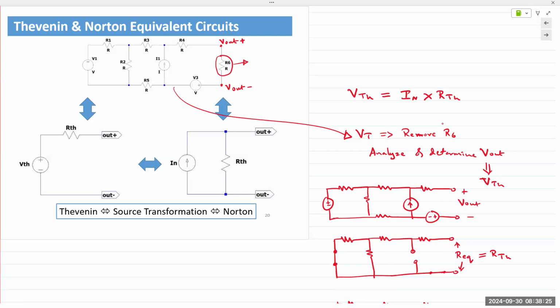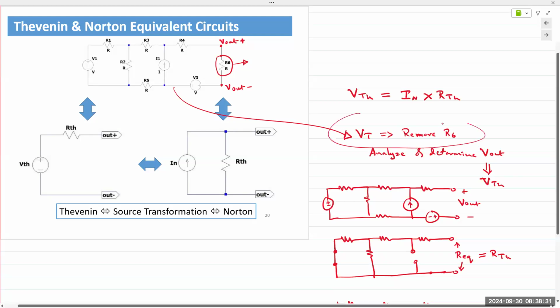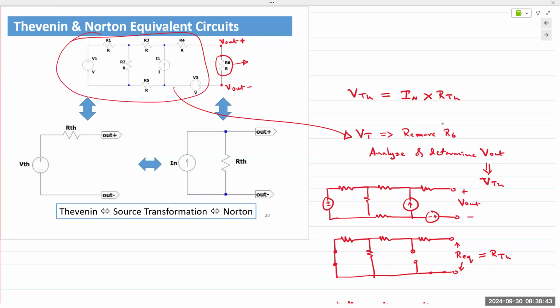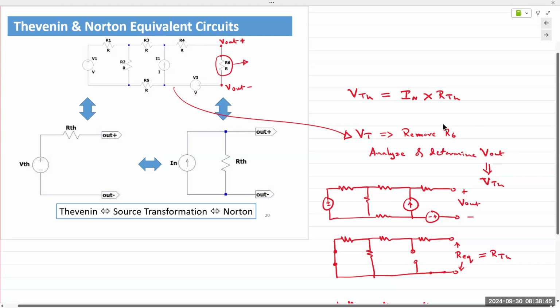And the load is never part of the Thevenin or Norton analysis. So you remove R6 from your analysis. That leaves behind the rest of the circuit. And also, you now have 2 open terminals where the component was connected. So those are your terminals of analysis, just right here.